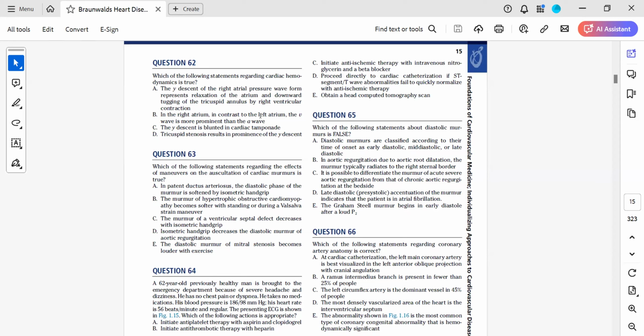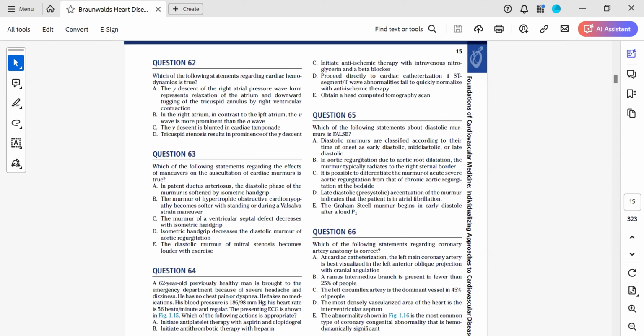The X descent represents the relaxation of the atrium and downward tugging of the tricuspid annulus by right ventricular contraction. The C wave interrupts the X descent and represents the protrusion of the closed tricuspid valve into the right atrium. The V wave represents the passive venous filling of the atrium, which occurs during ventricular systole.